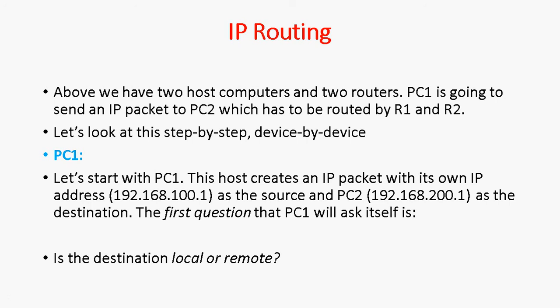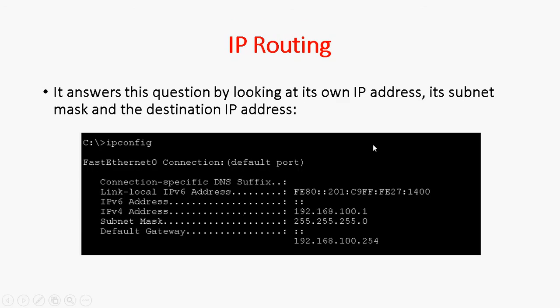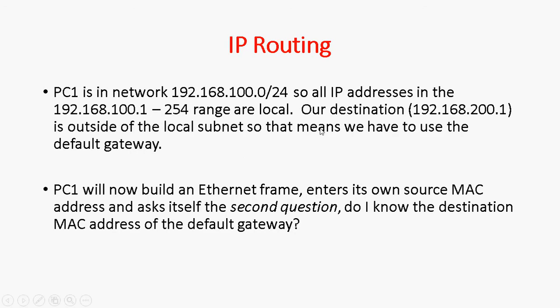Through the subnet mask itself we come to know that 192.168.200.1 is a remote network. This is the PC1 IP address, subnet mask and gateway. The subnet mask is /24, so the IP range should be 192.168.100.1 to 254. My destination IP is 200.1, so it's a remote network.